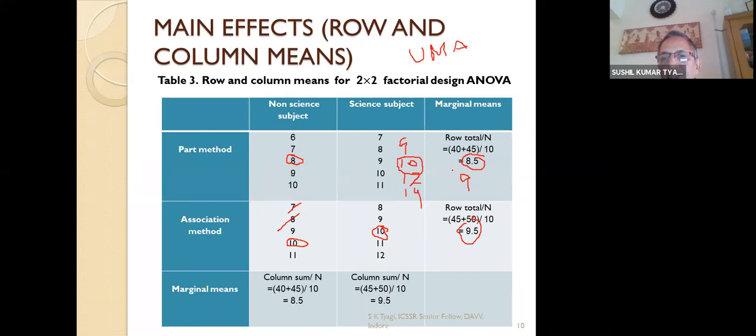This is known as the unweighted mean, or in SPSS it is called the estimated marginal mean, EMM. SPSS will give you the EMM, the unweighted mean, by this name. So the unweighted mean is 9.